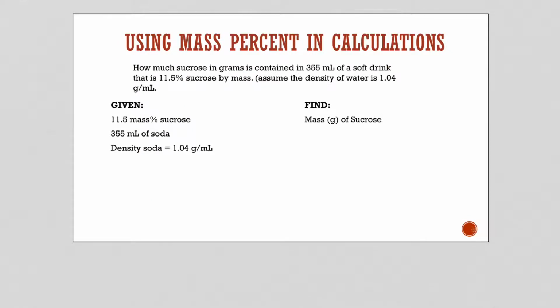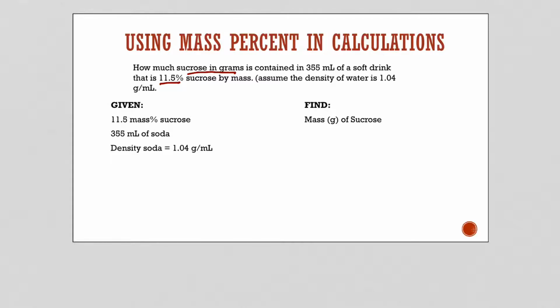Now, let's look at a second problem where they give us the mass percent, and so they say that this solution is 11.5% by mass sucrose, and they want to know how much sucrose in grams is contained in 355 milliliters of a soft drink that is 11.5 mass percent.